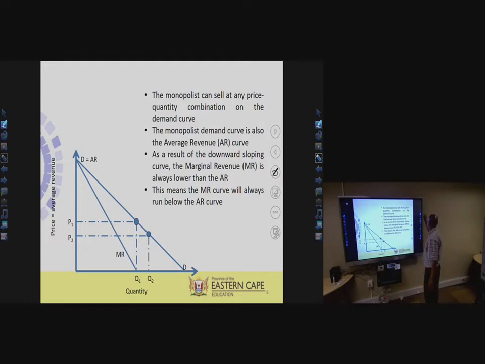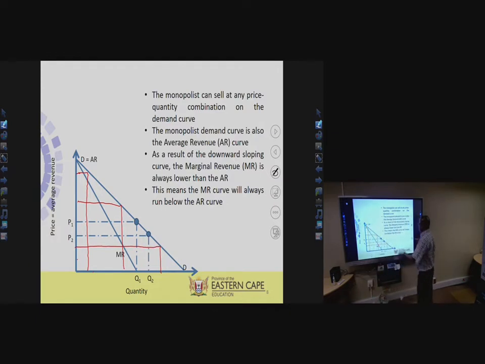As you can see, it's D. This D is equal to AR, as I have shown up there. Then let's look at this particular demand curve.